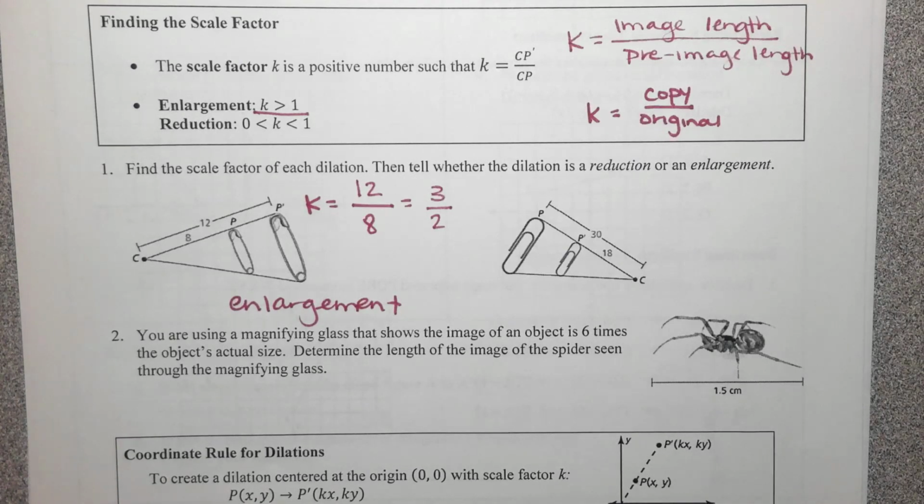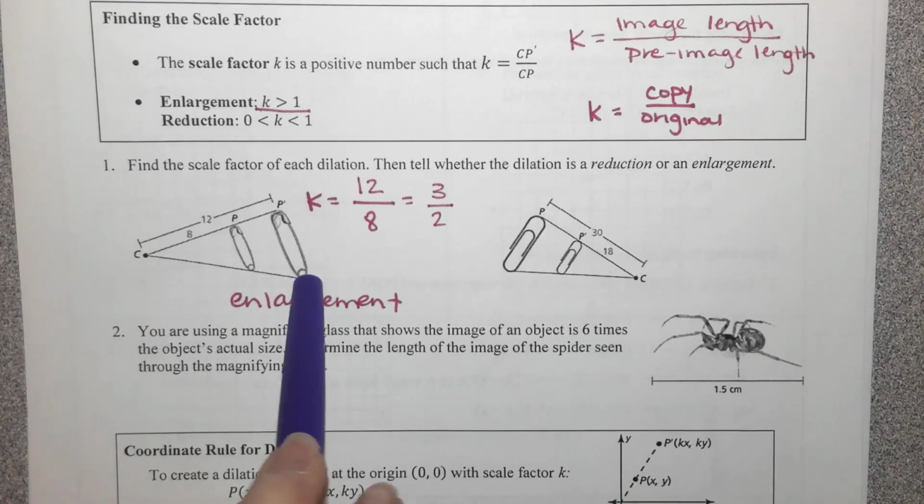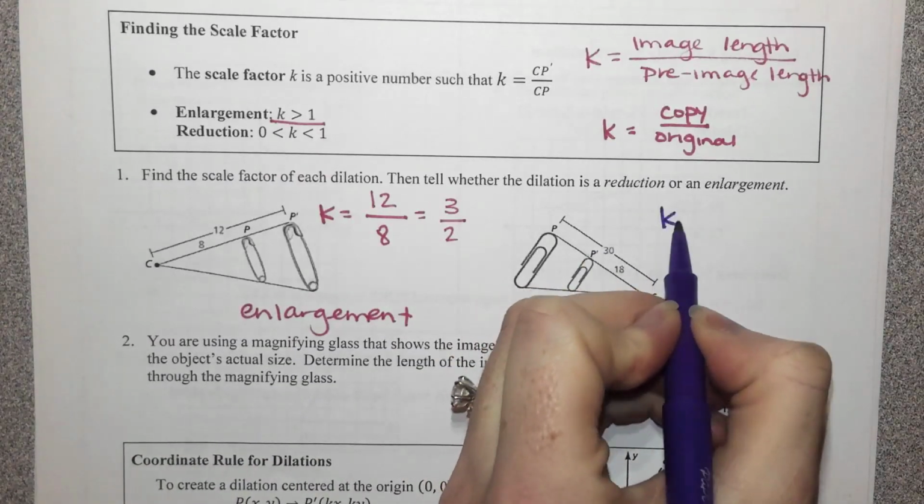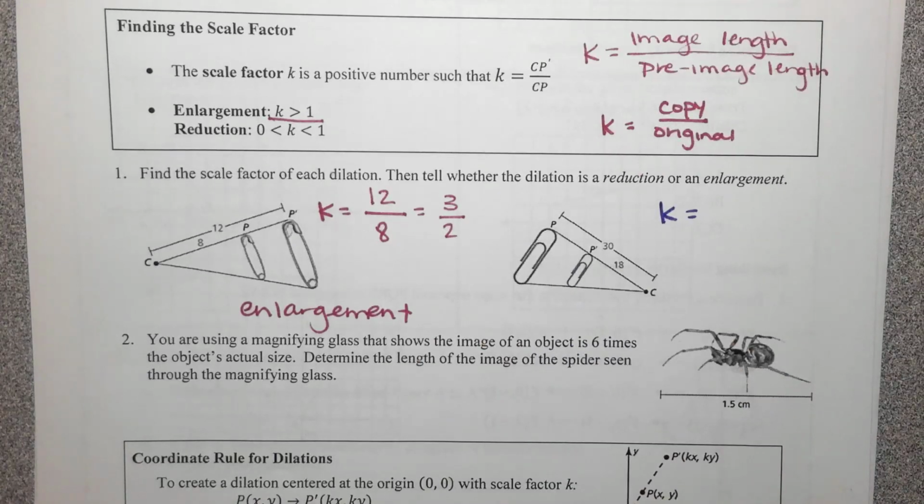What about the next one? Now we're done with safety pins and we're looking at paper clips. 30 over 18.